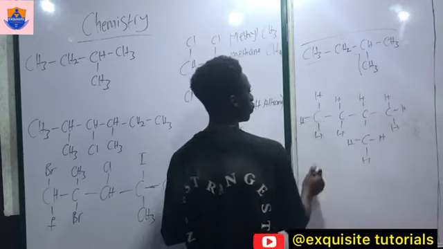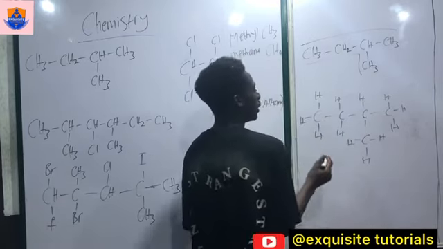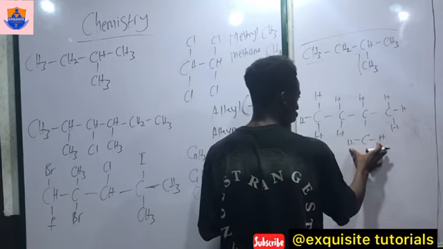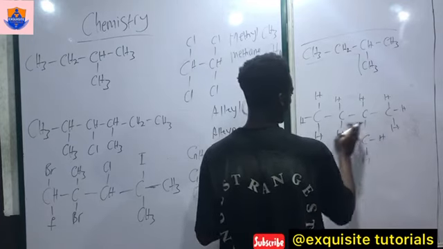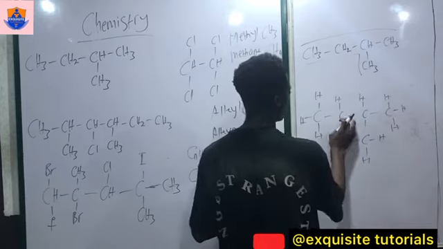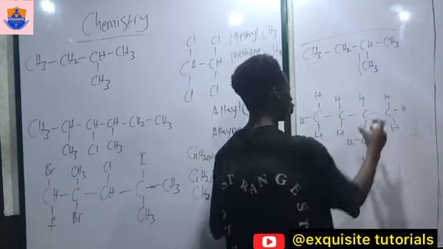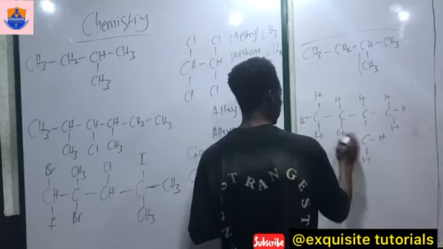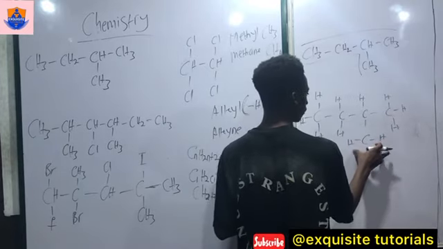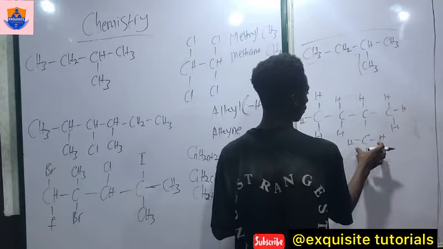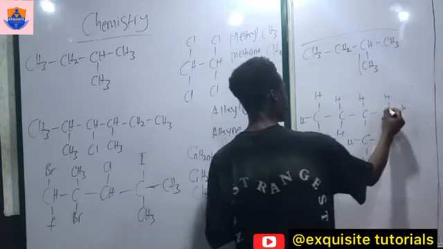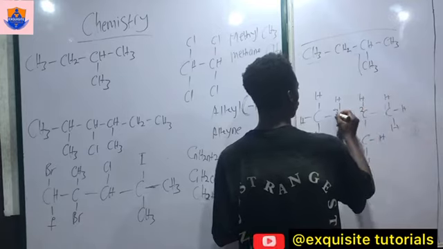Since this is the branch, how many carbons do we have to this one? From the left side we have 1, 2, so we have 2 carbons. From this other side we have 1. So we are naming like this and not like the other, because this branch is closer to this part than this part. So we're naming like this: 1, 2, 3, 4.